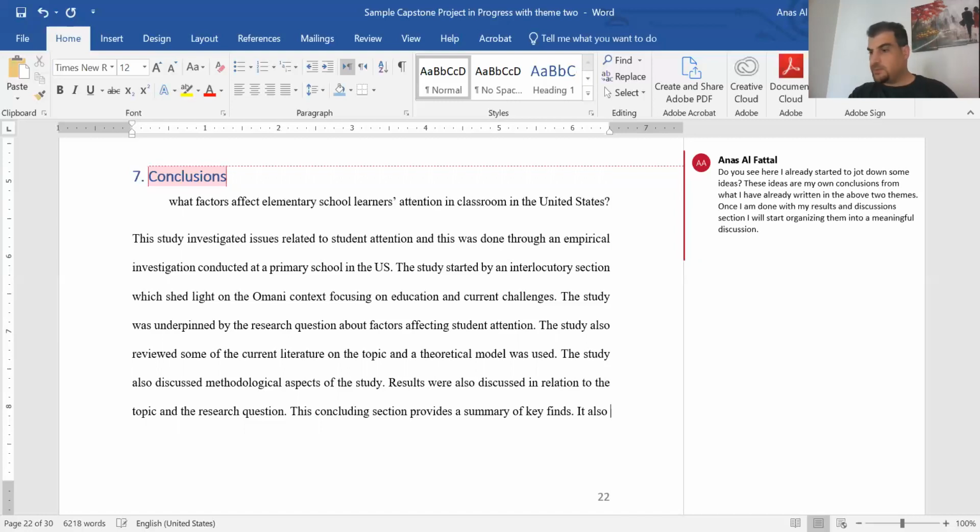It also presents some relevant recommendations and discusses some of the study limitations and challenges.